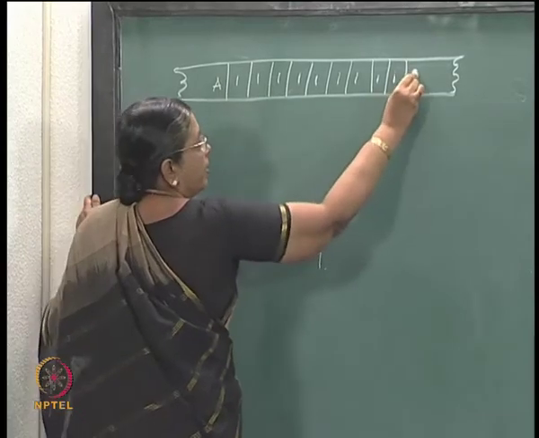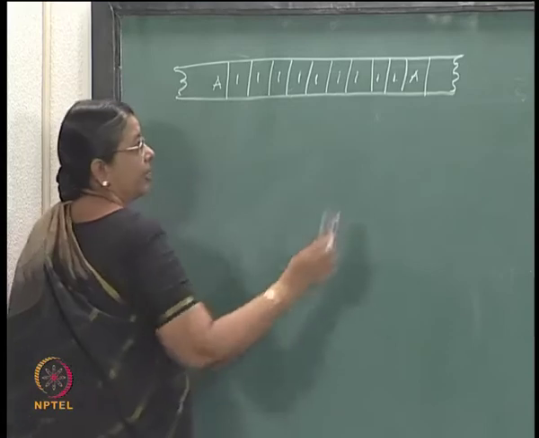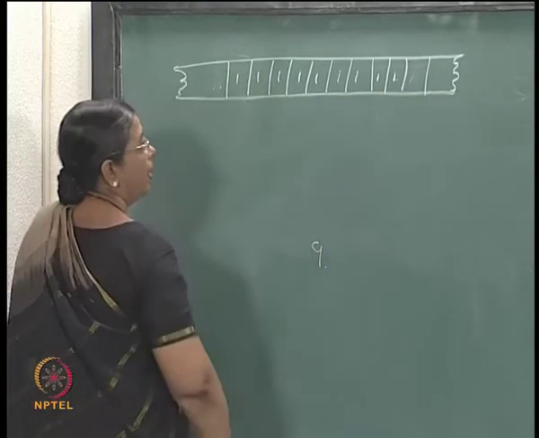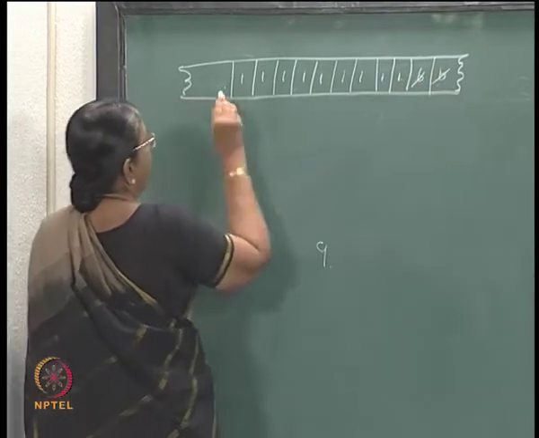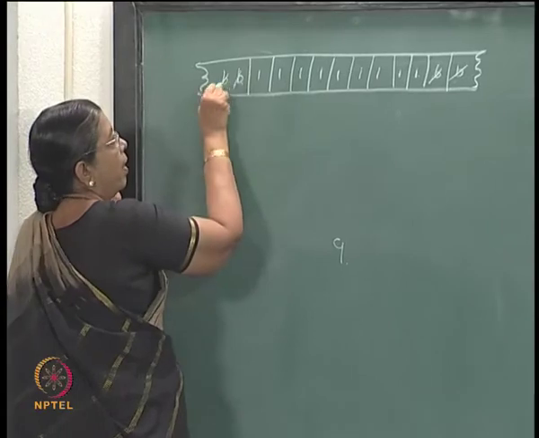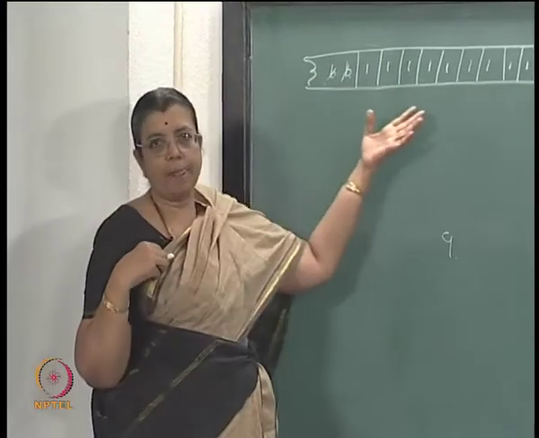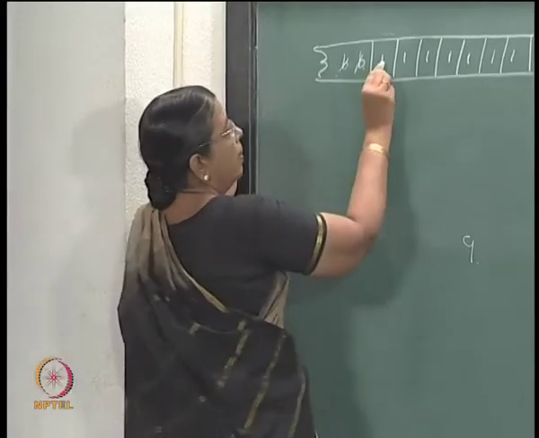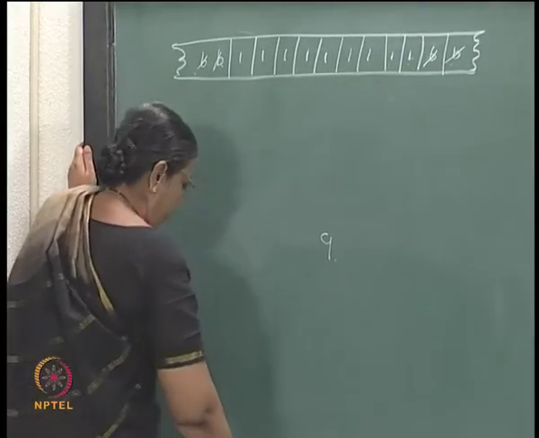It is padded with some blanks, or you can just have blank also, does not matter. So, the input is the number 9. In this example, any number n will be given as a unary number.